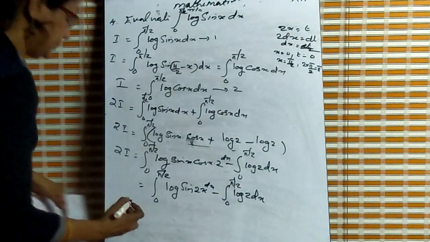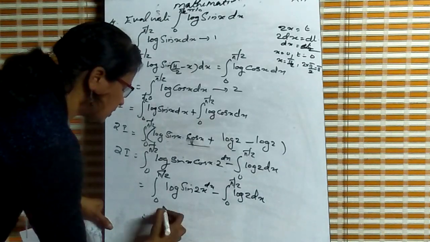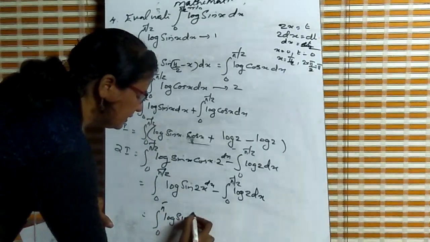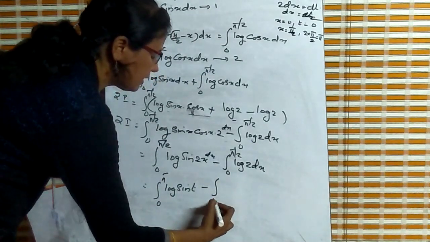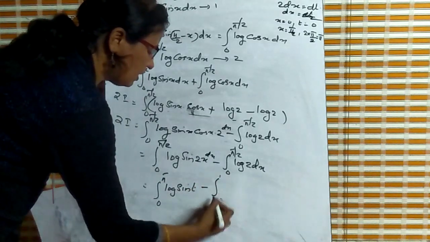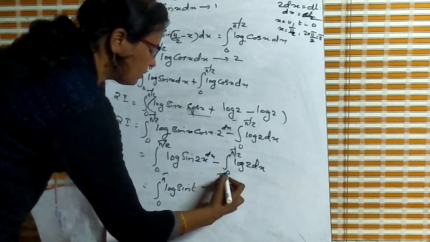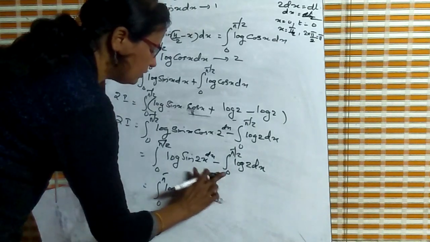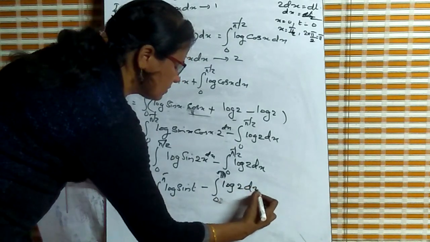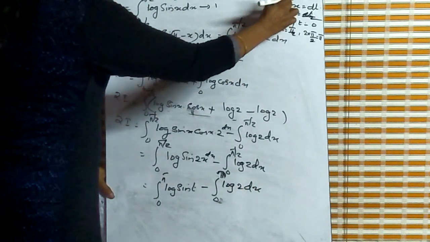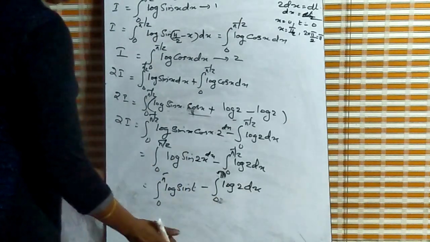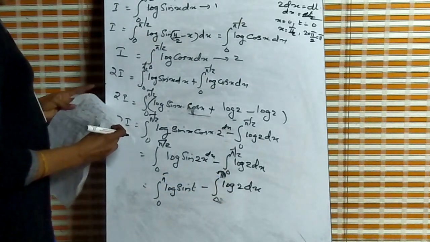Next step, our integral is the integral from 0 to pi of log sin t minus the integral, which also changes, from 0 to pi of log 2 dx. When 2x is equal to t, the integral is from 0 to pi of log sin t minus the integral from 0 to pi of log 2 dx.